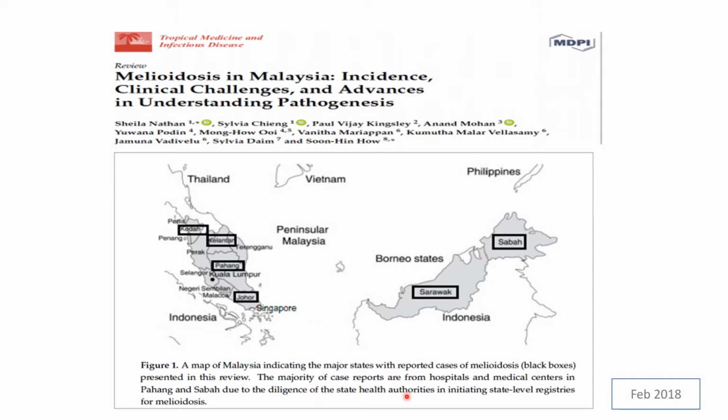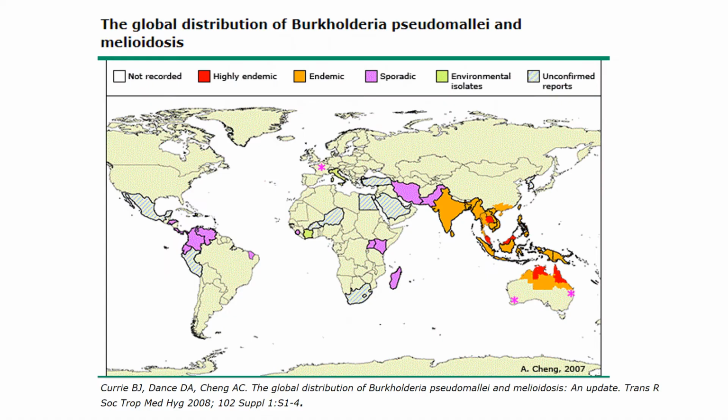But of all these states, the majority of the cases were reported from Pahang and Sabah, probably because they have a very good registry for melioidosis, so a lot of information comes out of Pahang and Sabah. This is as of February 2018. So in Malaysia, although we are endemic, we see more cases coming.